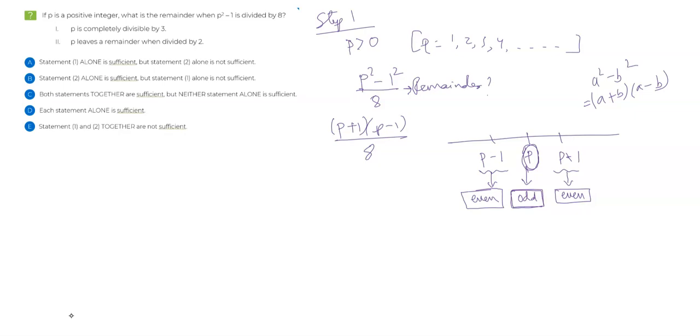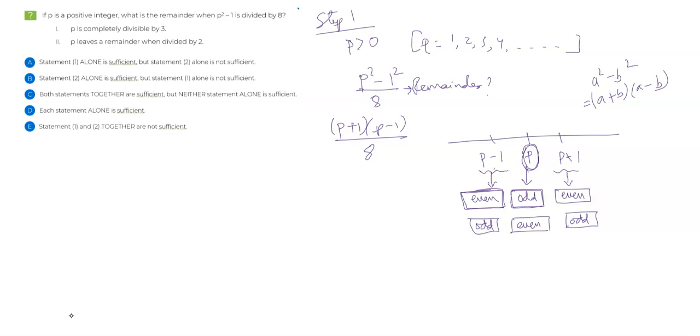And if p turns out to be even, let's write down both the cases, it makes sense to do that, then p plus 1 is odd and p minus 1 is also odd. Now, you might wonder what exactly is happening here. Well, what I'm trying to say is, if you have three consecutive numbers, out of which two of them are even, then one of them is divisible by 2 and the other one is divisible by 4.